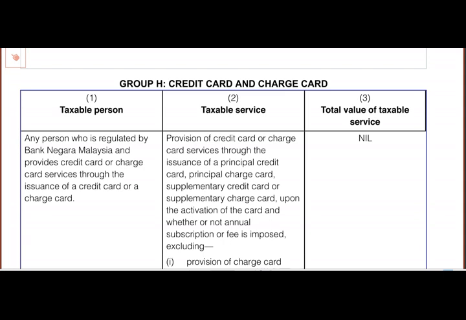Now, Group H is for credit card. Now, credit card, it's a bit different because credit card, they don't charge based on 6%. They charge at a fixed rate. And the rate of credit card is how much? 25 ringgit. Where did I put the notes?